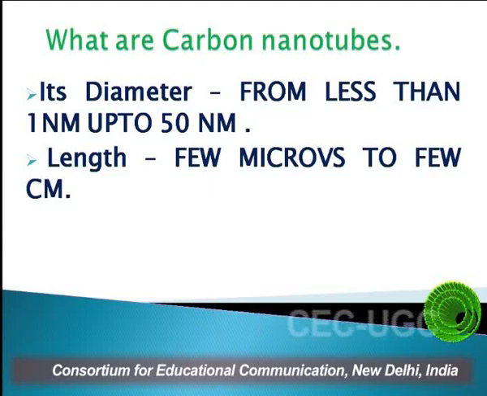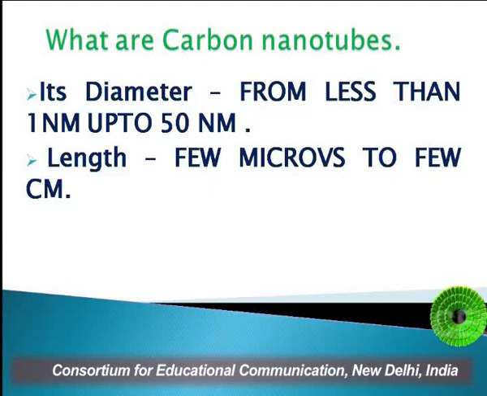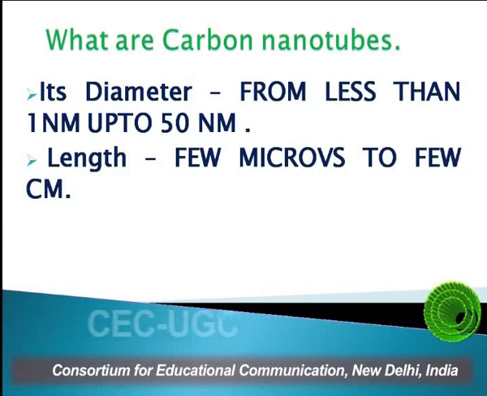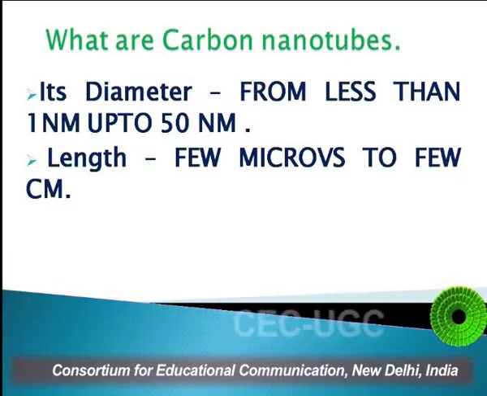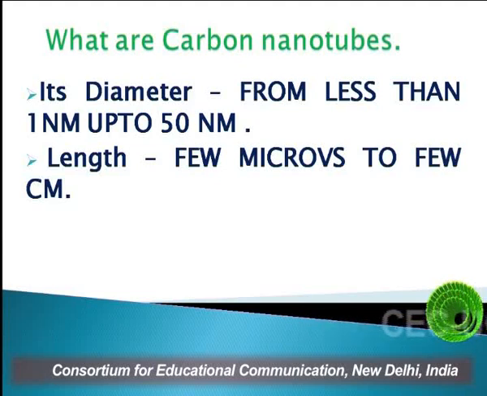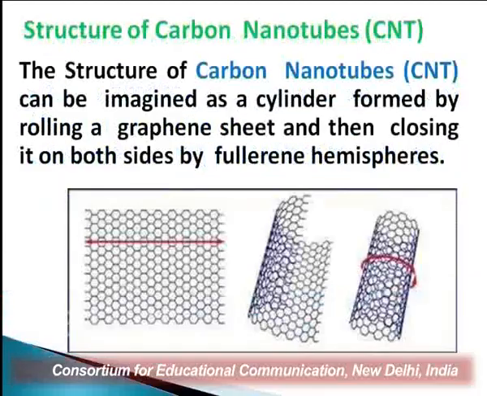We can prepare carbon nanotubes of various sizes by adjusting the parameters, and the length may vary from a few microns to a few centimeters. These are the carbon nanotubes.